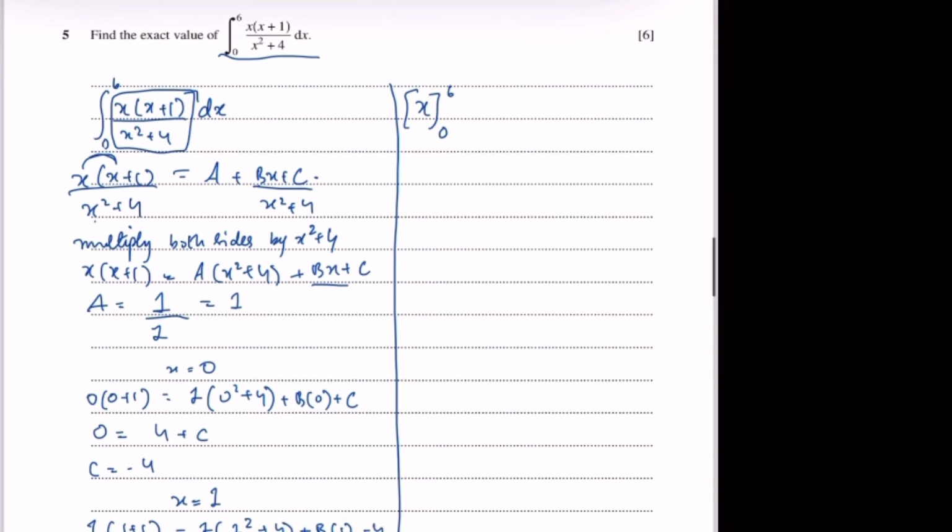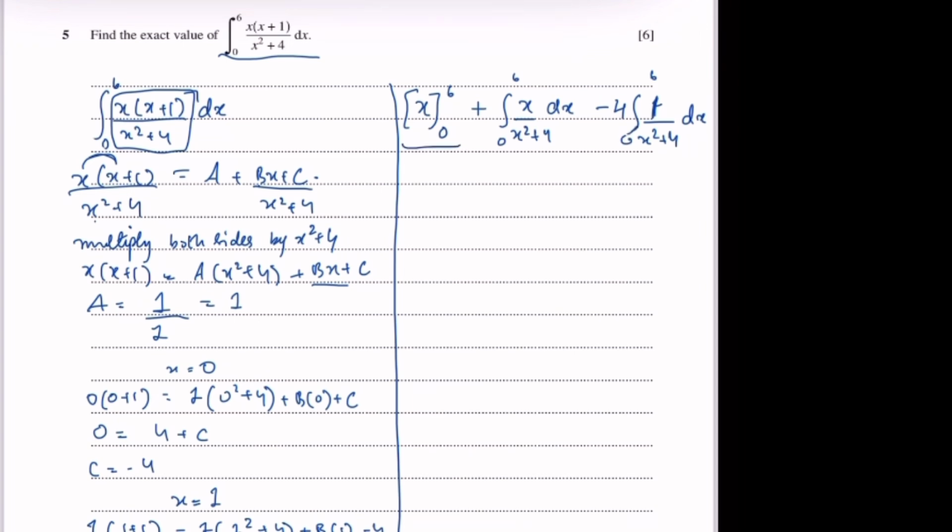Now I'm going to separate this fraction further, so it becomes plus integration of x upon x squared plus 4 with respect to x within the limits 6 and 0, minus integration of 4 (I take it outside because that's a constant), and then 1 inside, divided by x squared plus 4 with respect to x within the limits 6 and 0.